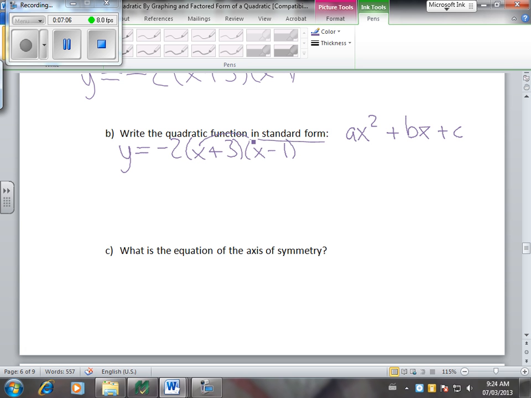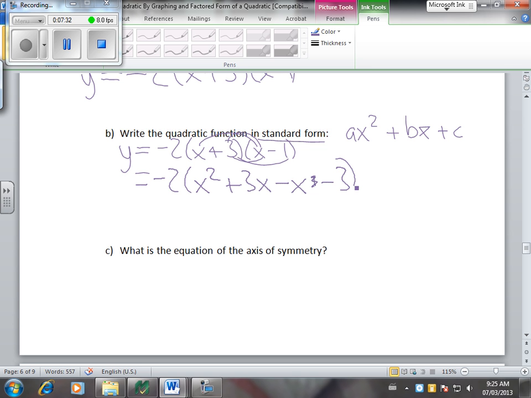We'll rainbow. Okay, so you make sure everything is multiplied by everything else. And we end up with y equals negative 2 times x squared plus 3x minus x minus 3.